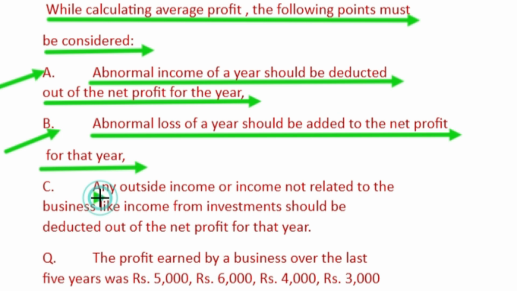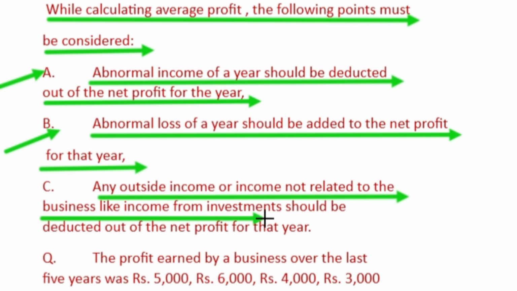Any outside income, or income not related to the business, like income from investment, should be deducted out of the net profit for that year. The amount of profit which is computed is the normal profit, and this normal profit will be taken for calculation of the value of goodwill.